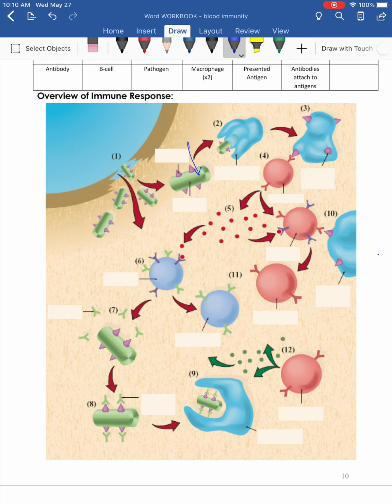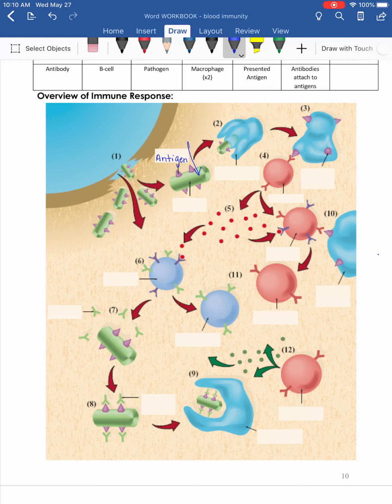What's happening is these little markers. So we have surface markers, and that is going to be our antigen. Antigens are surface protein markers that are a way of the body recognizing foreign invaders, as well as a way of our body recognizing what is ourself and what is an invader.